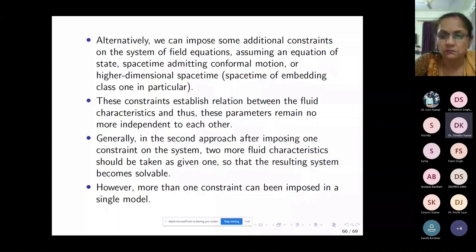If we assume one relation, that is the equation of state, then ultimately we have 4 equations, because three are field equations and one is the imposed equation of state. So the remaining 2 we can find. That will be easier compared to the previous approach. That is the second approach. However, more than one constraint can be imposed in a single model.